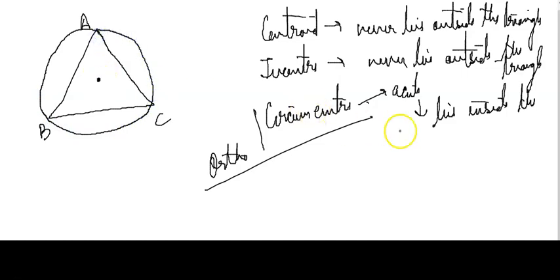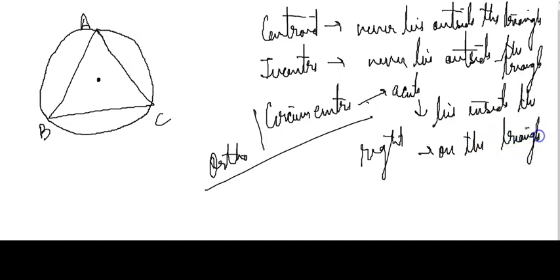In case of a right angle triangle, it will lie on the hypotenuse, on the triangle. In case of an obtuse angle triangle, it will lie outside the triangle.